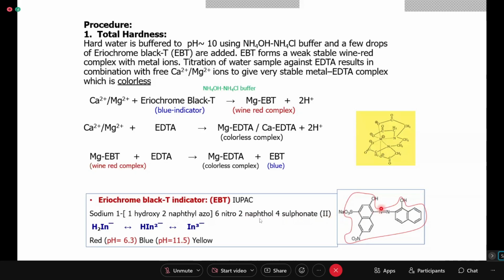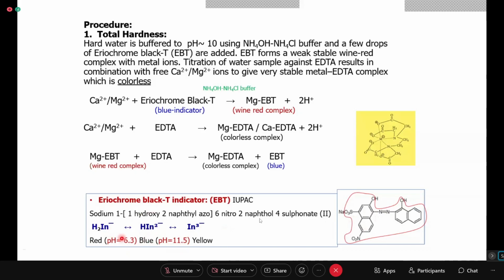Now this is the molecule which is represented as indicator, In. There is a negative charge on this sulfonic acid group, and this is Na plus, so this is minus, and two replaceable hydrogens, so H2In minus, which is red in color, and when the pH of this indicator solution is changed, it turns blue between pH 6.3 to 11.